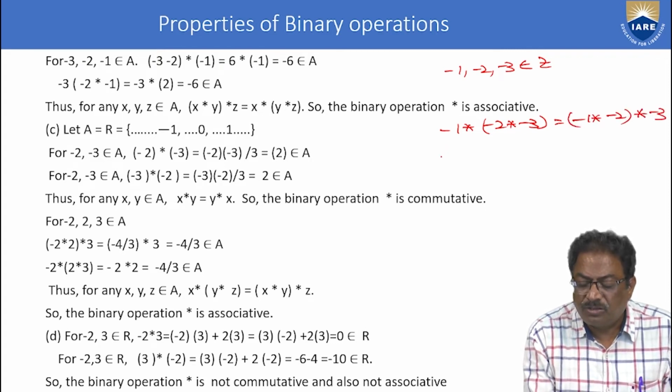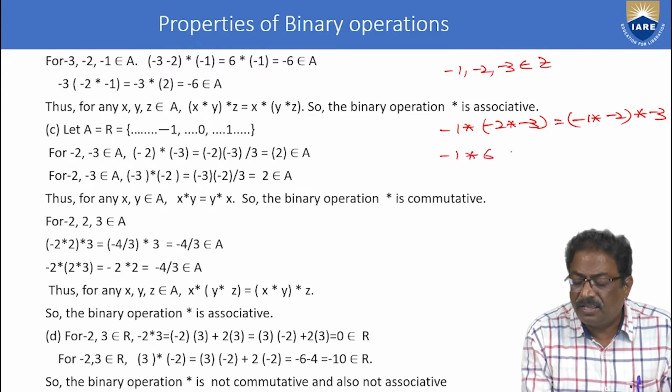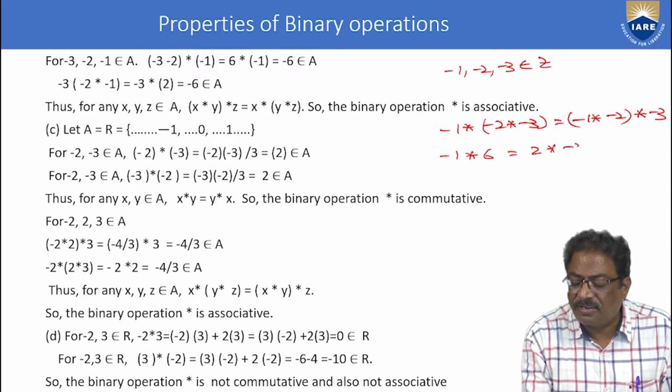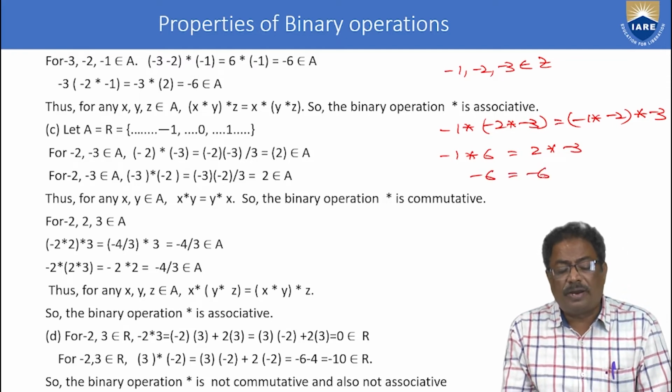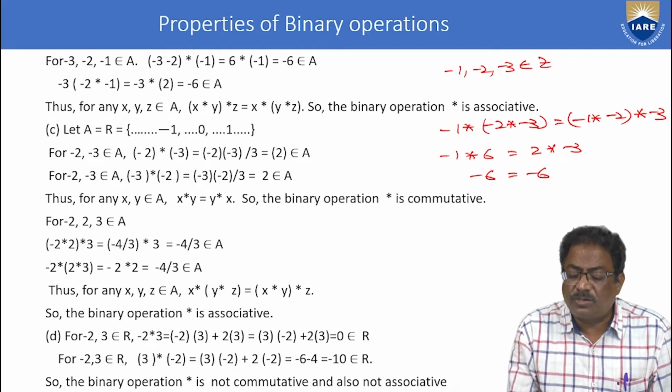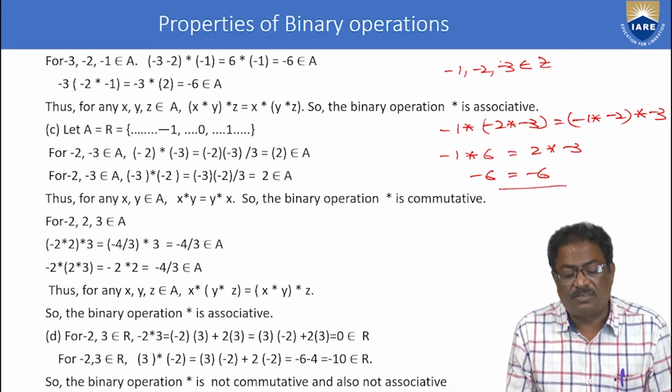Just verify. So -1 into -2 is 2, then 2 into -3. So what I am going to get is -6, and this is also -6. So this is satisfying associativeness.